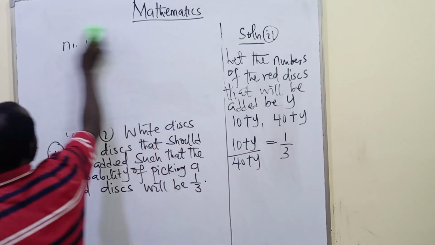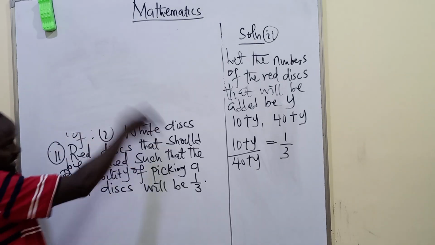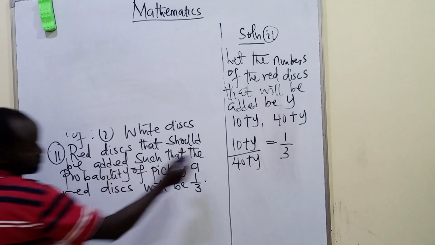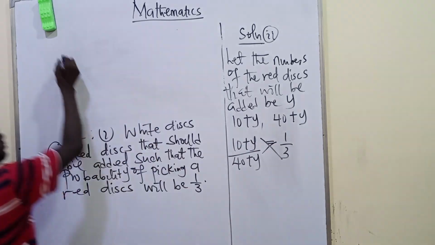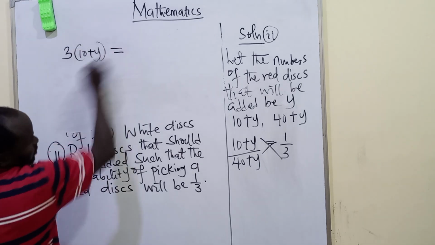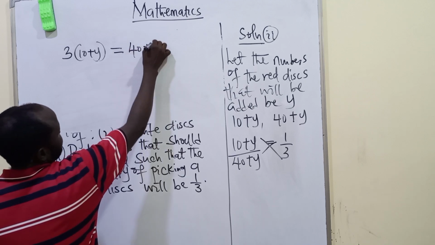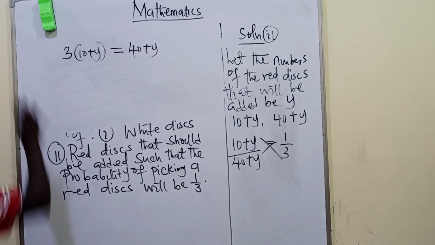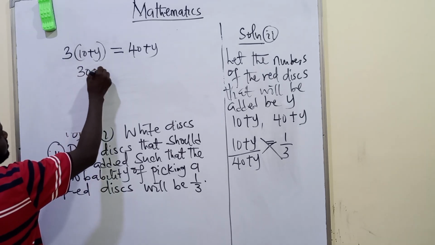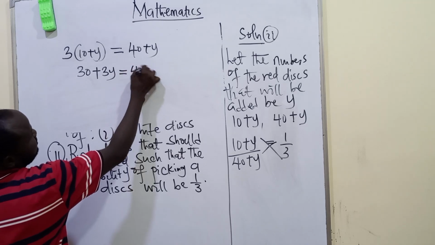Whatever the value of y will be the number of red discs that will be added for the probability to be 1 over 3. So let's cross multiply at this point. It will be 3 times (10 plus y) equals 1 times (40 plus y), that is 40 plus y. At this point, we can clear the bracket. 3 times 10 is 30, plus 3 times y, that's 3y, equals 40 plus y.